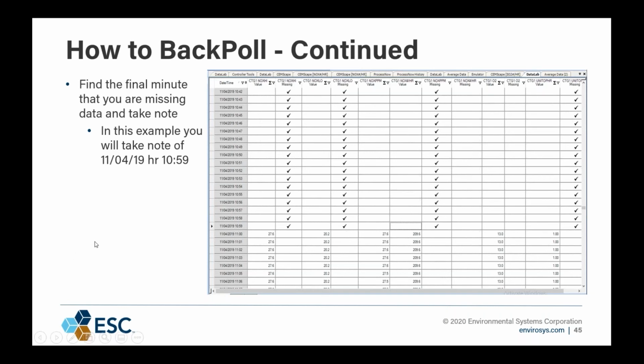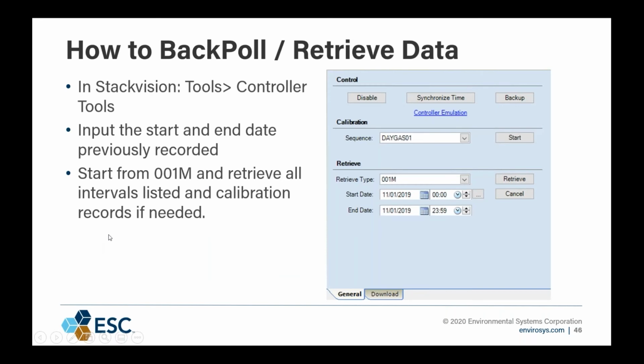After you take note of that, in Stack Vision, you're going to have to go to Tools, Controller Tools. If you ever forget this, you can refer back to the presentation. Input the start date and time and end date and time for the period that you're missing data. Now that we're able to hold 90 days' worth of data, you might as well pull in all the data that's needed.